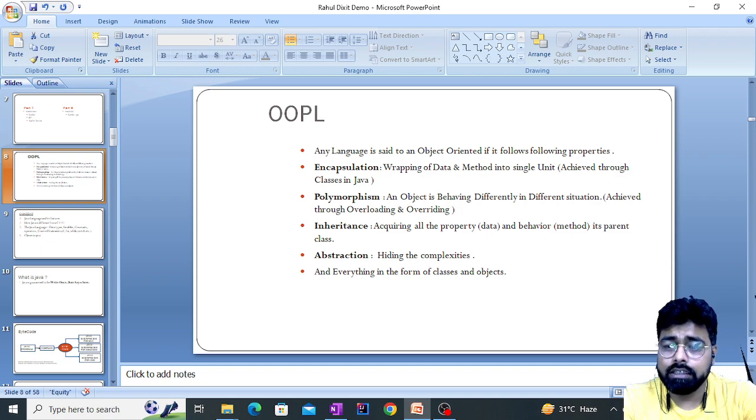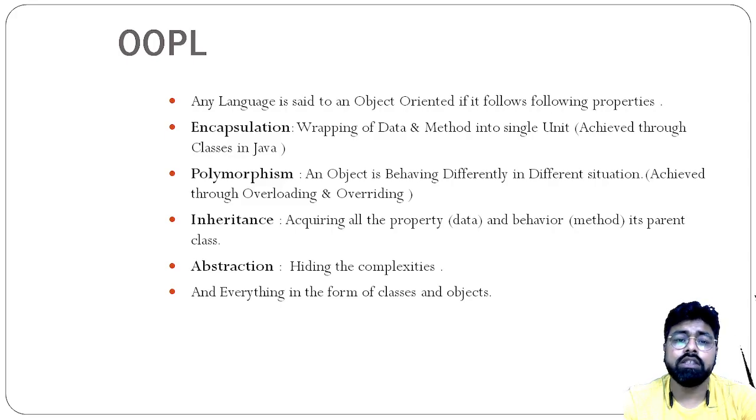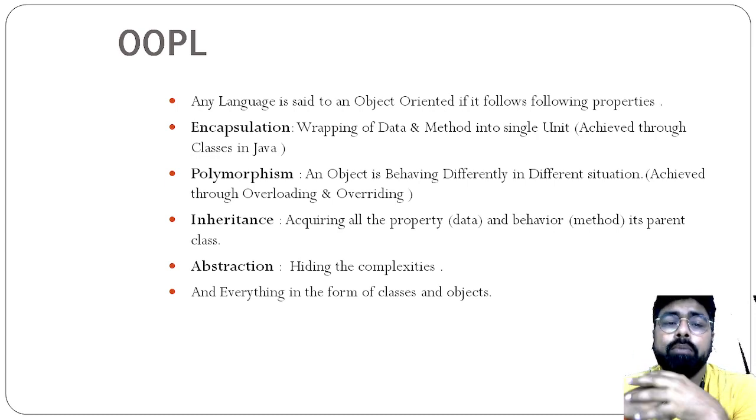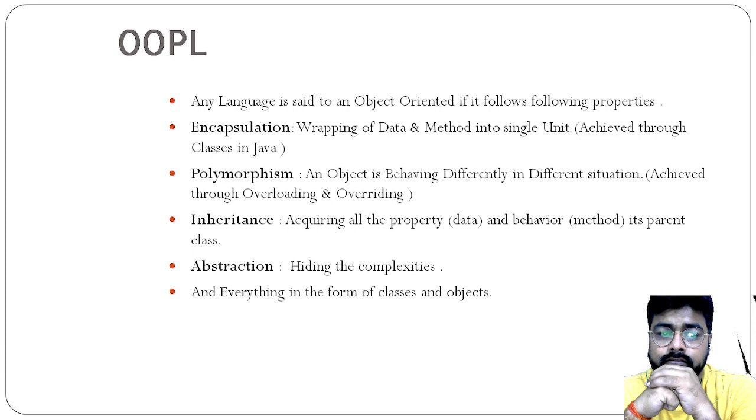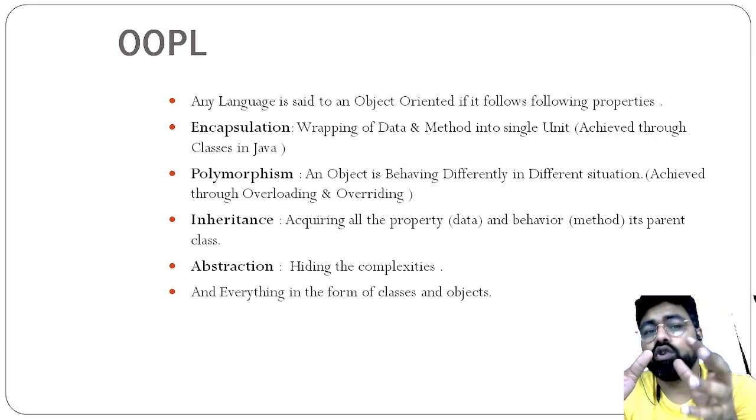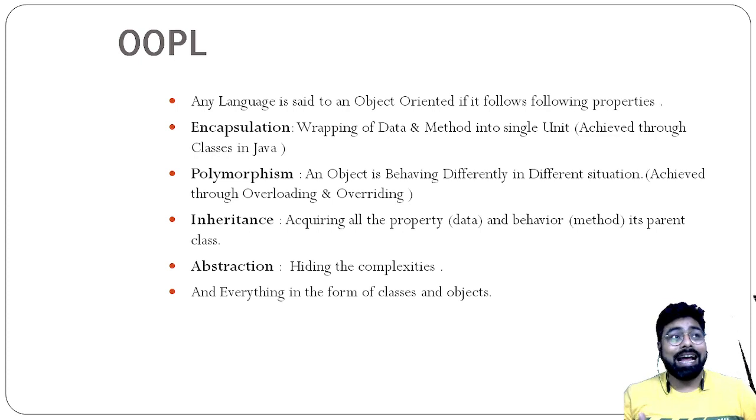Any language is said to be object oriented if it follows the following properties. Everyone has some sort of properties, and by seeing them we can say that this man is following something.